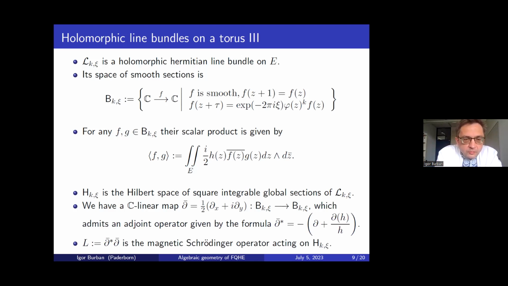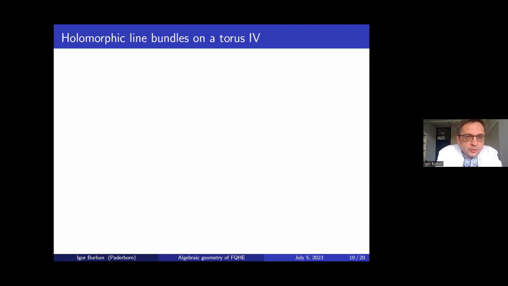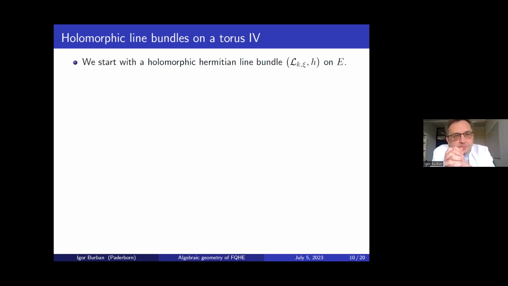And with this operator L, I want to work in what follows. So again, to sum up, I start with a line bundle on a torus. I equip this line bundle with a Hermitian metric.